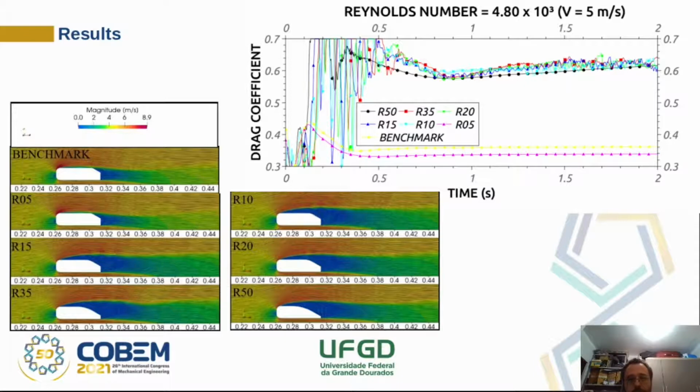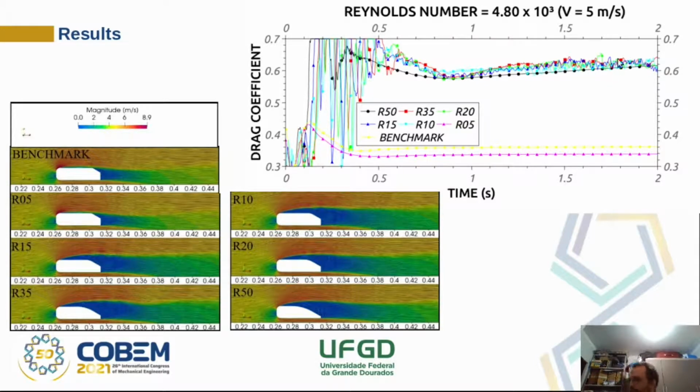For the first velocity, 5 meters per second, which represents a Reynolds number of 4800, what we have here is that for the benchmark solution and the first radius we had about the same value of the drag coefficient, and as we increased the radius we had an increase in the drag coefficient.